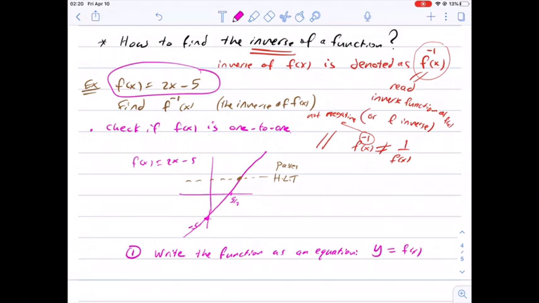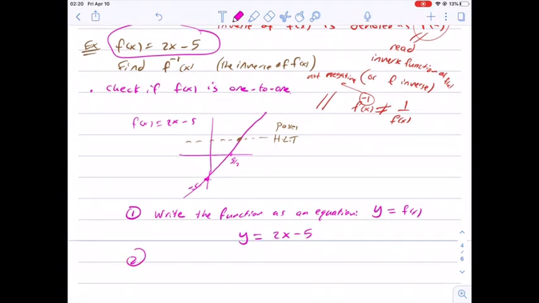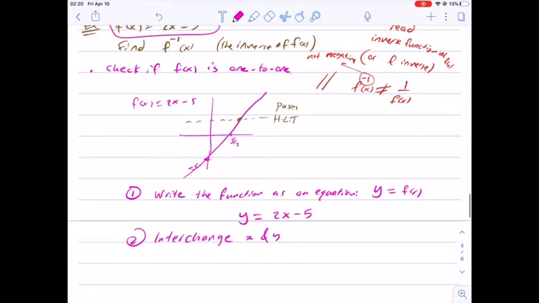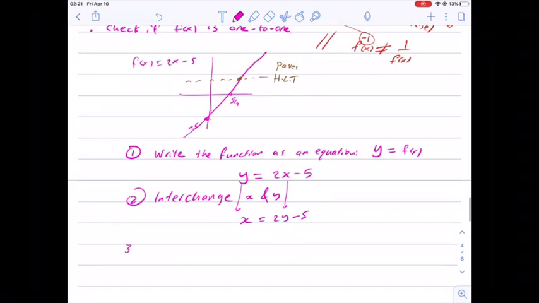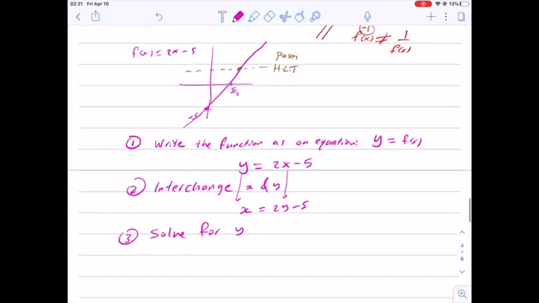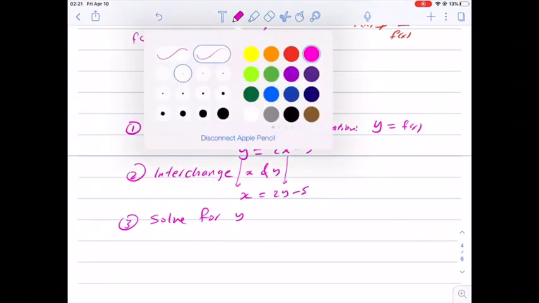So when y equals f of x, this becomes y equals 2x minus 5. And then the second step is to interchange x and y. So y becomes x and x becomes y. And then the third step, solve for y.